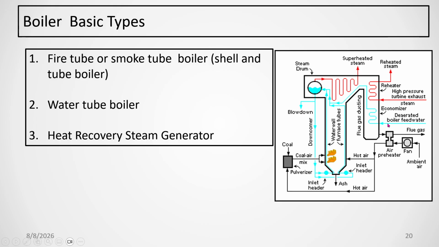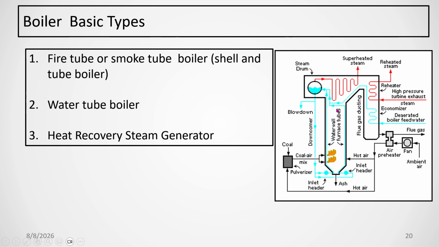Inside the furnace, from the boiler feed water pump, you see the feed water will go to the drum, to the downcomer, to the riser, to the drum again, and then steam will go to the superheater and then outside. And if you are taking any bleed from the turbine and want to reheat it, then you reheat it in the flue gas path and use it again in the boiler.